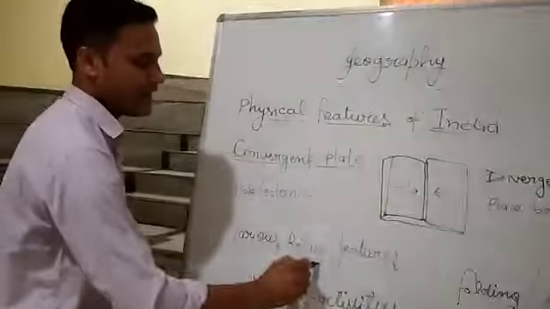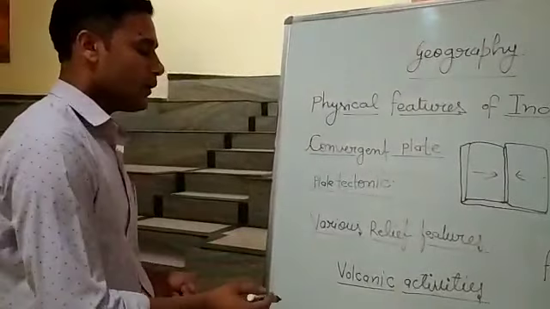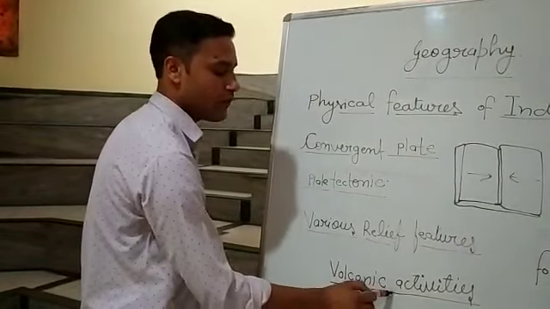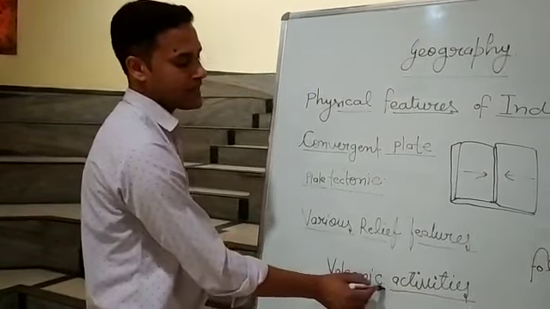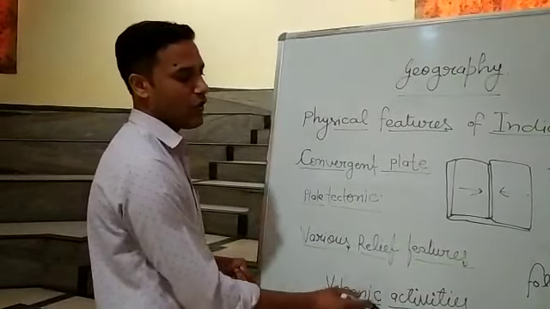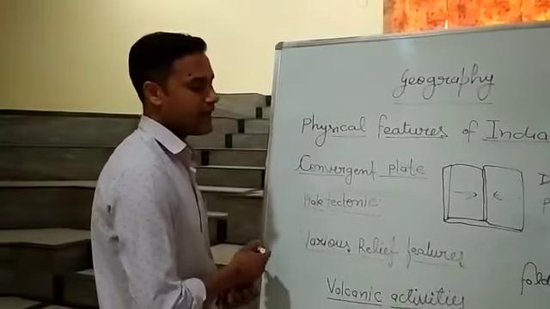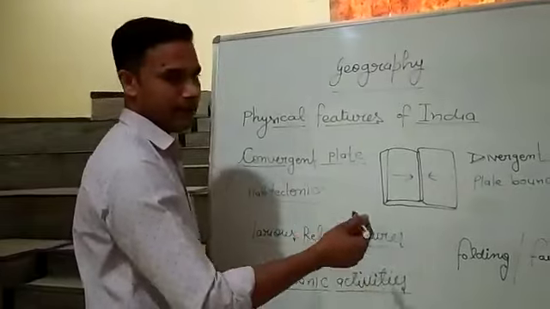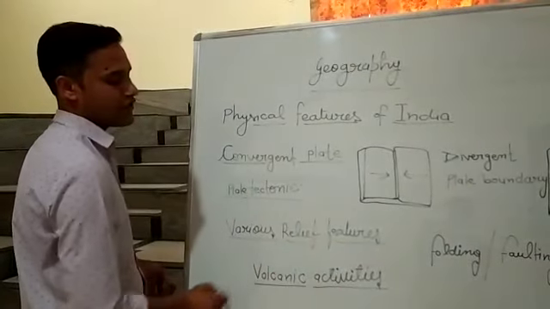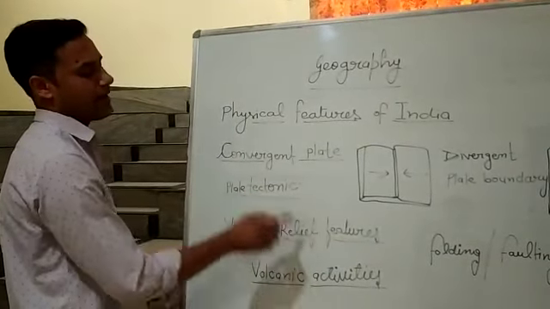In this way, the number of physical features we have on the earth's surface are known as relief features. And volcanic activity is also an important sudden force which is responsible for forming relief features like mountains and plateaus, and some other features develop due to volcanic activities.